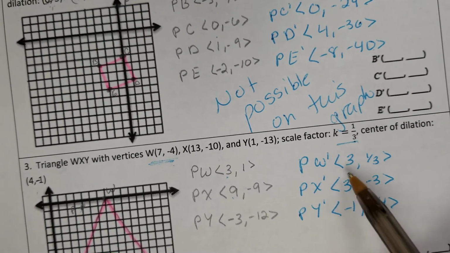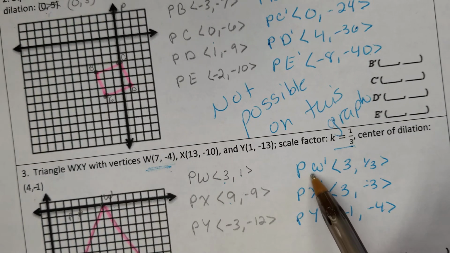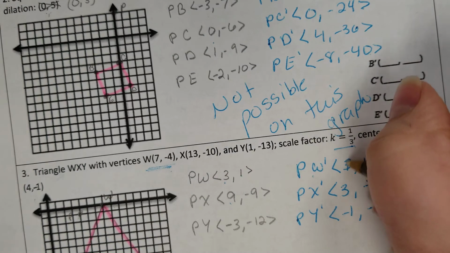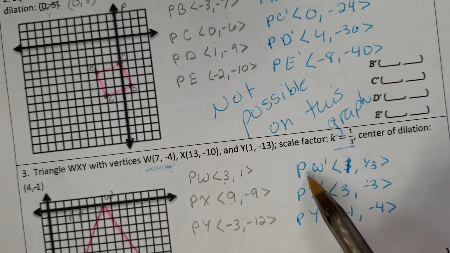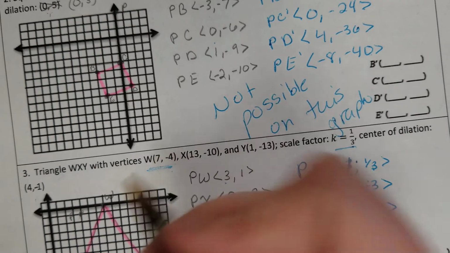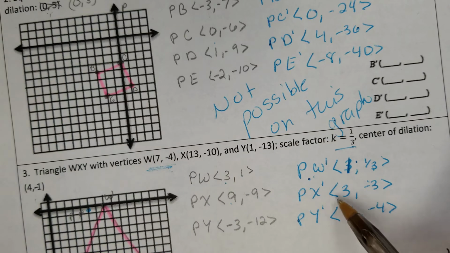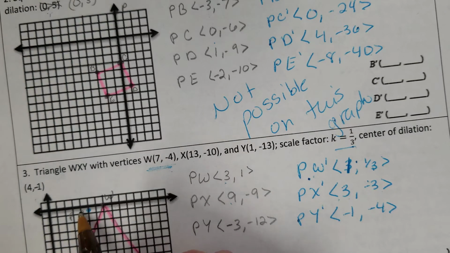All right, so now we're going to do those movements. This needs to be a 1. So P to W prime, we go 1 to the right and then up 1/3. It's going to be somewhere in there. And then to get X prime, we go 3 to the right and then down 3. So I start at P and go 1, 2, 3, and then 1, 2, 3.